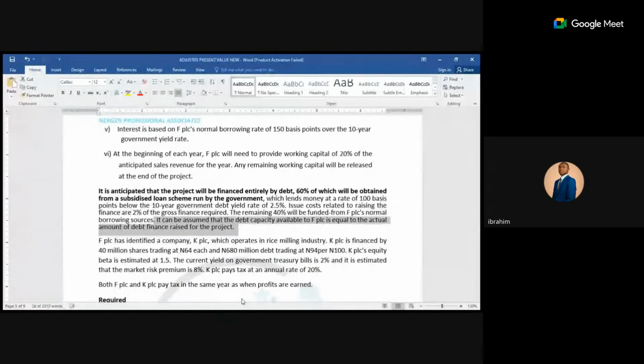The capacity that they have to borrow is still equal to the amount they need for the project. That is what it means. The amount of money they need to borrow is equal to the amount at which they need to finance a project. And this is talking about the financing effect.